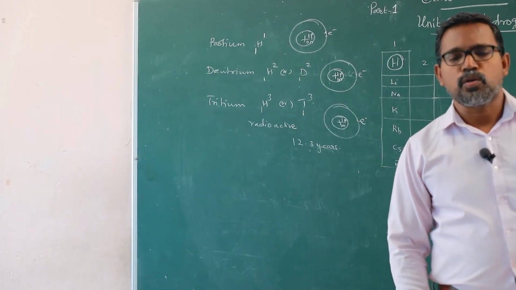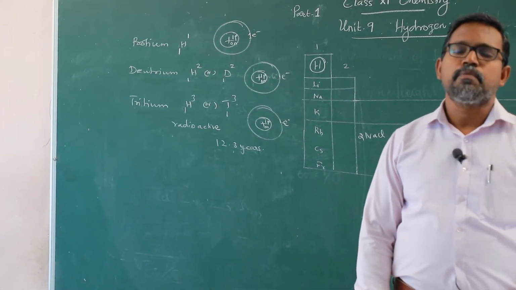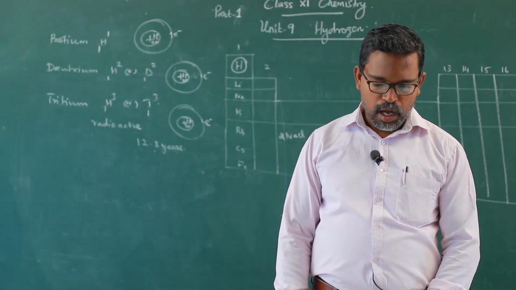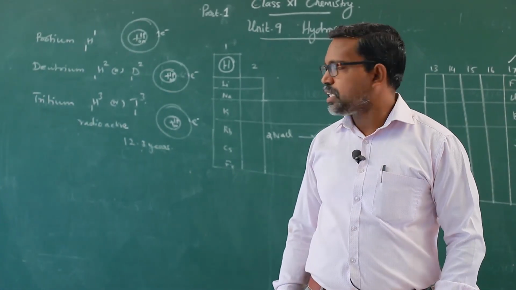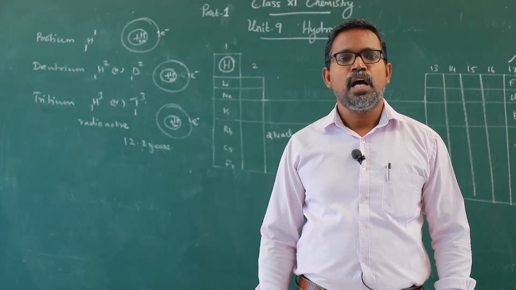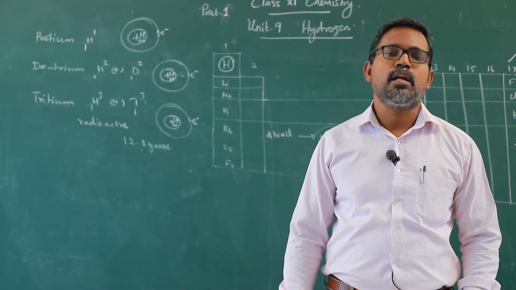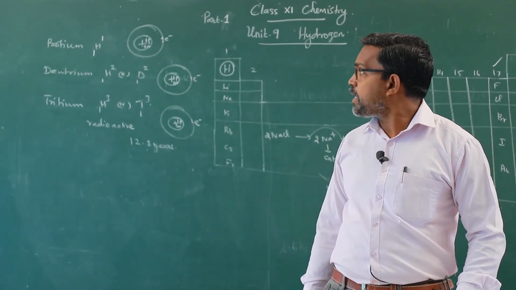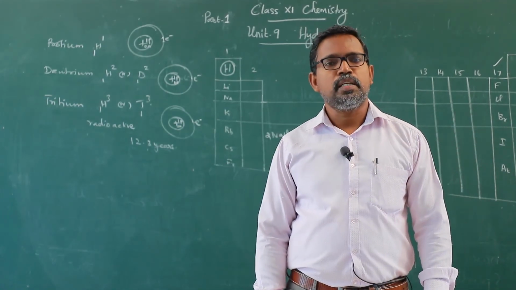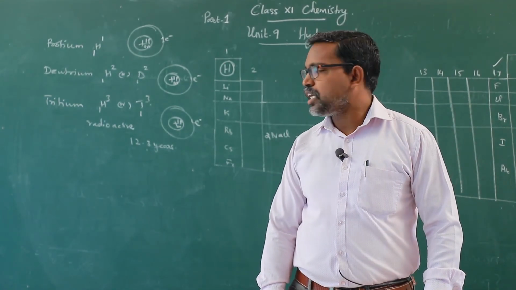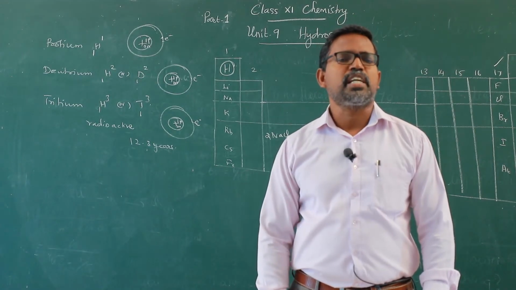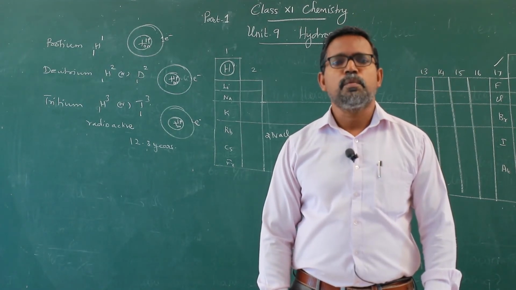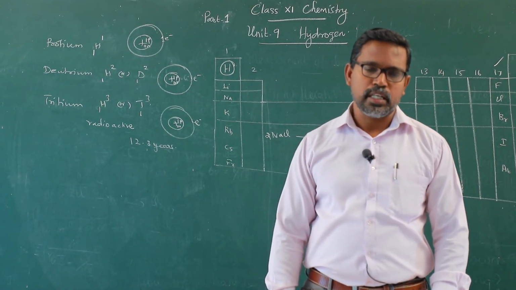So what are the types of isotopes of hydrogen? Hydrogen exists in three isotopic forms. Among these, the most stable and abundant is protium. Relatively rare is deuterium. Tritium is extremely rare, present only in trace amounts in atmospheric air.